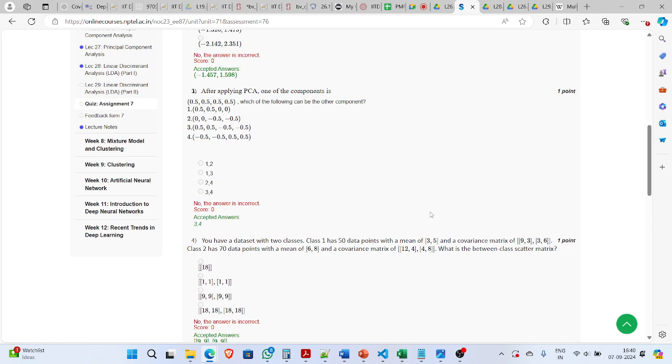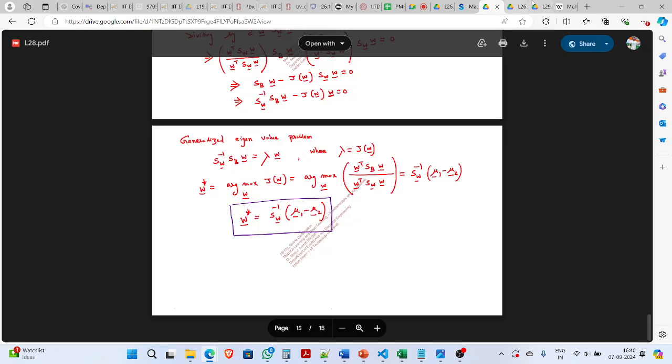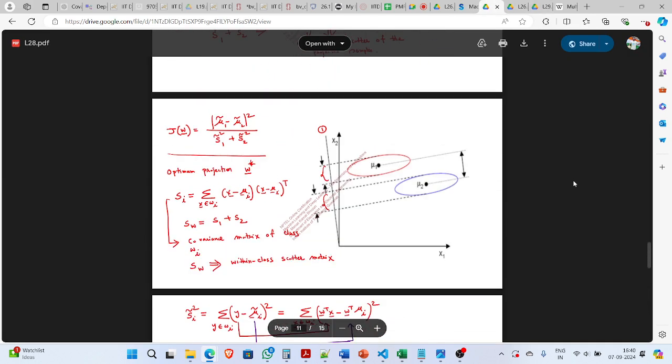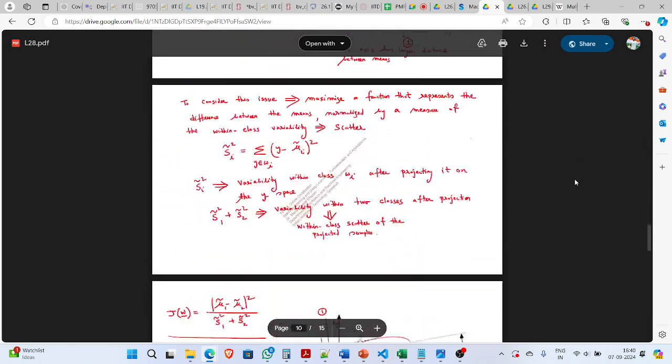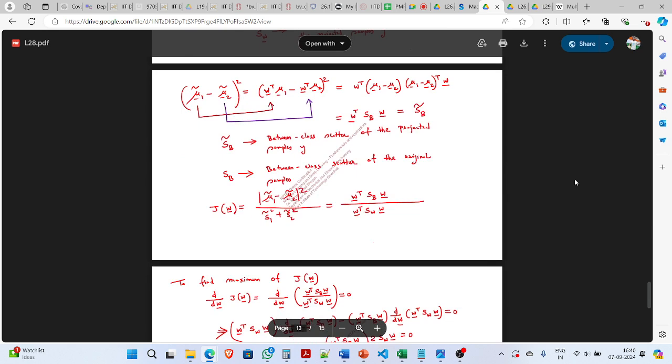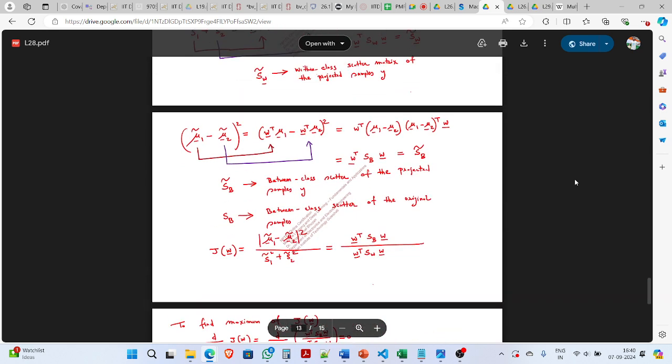So as you can see, the between-class scatter matrix is this one. We need to find S B here.